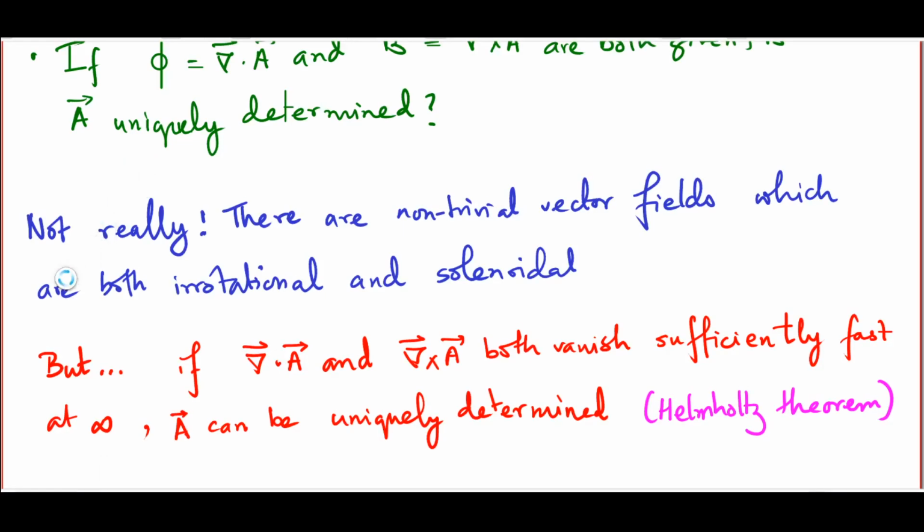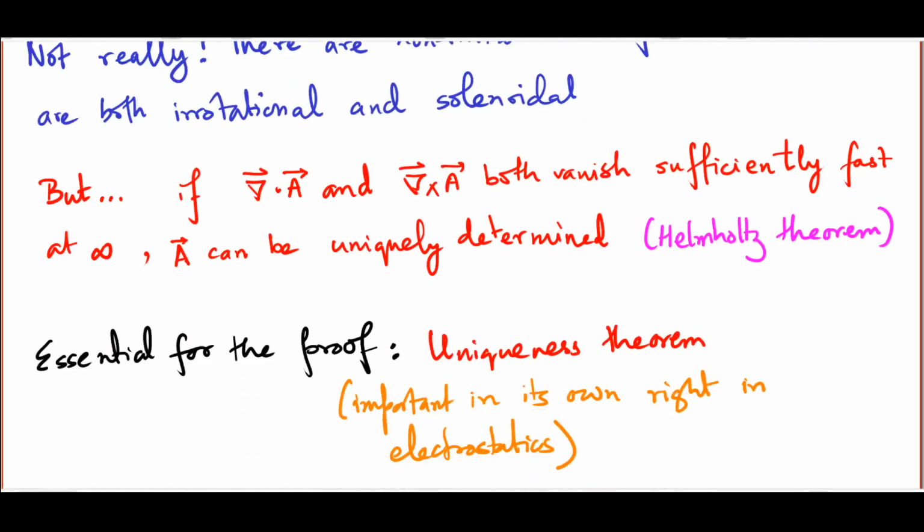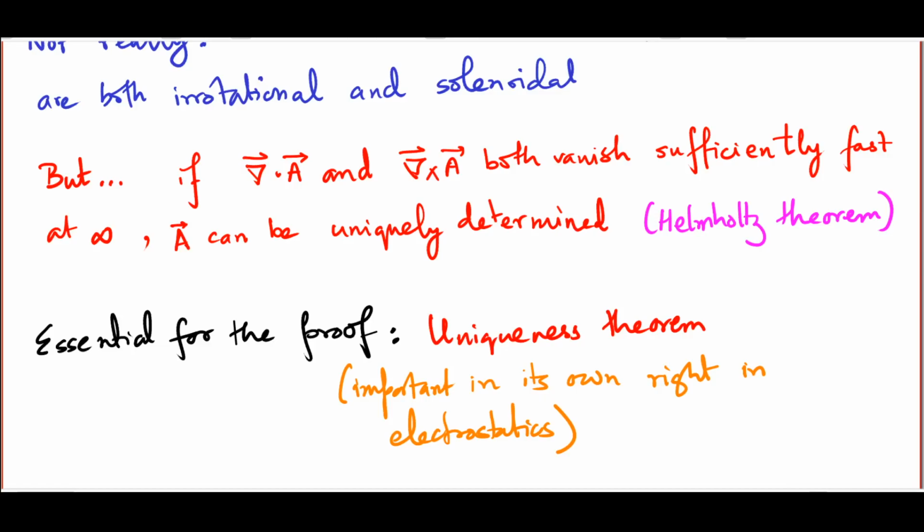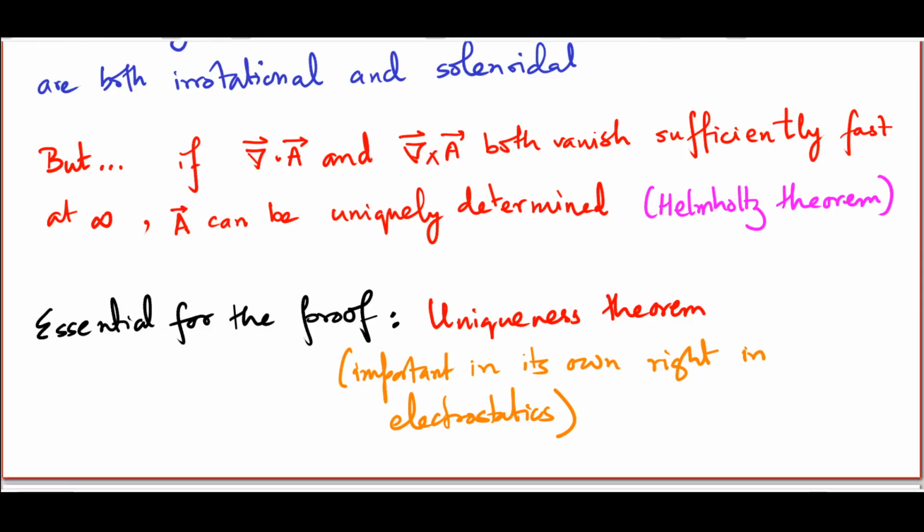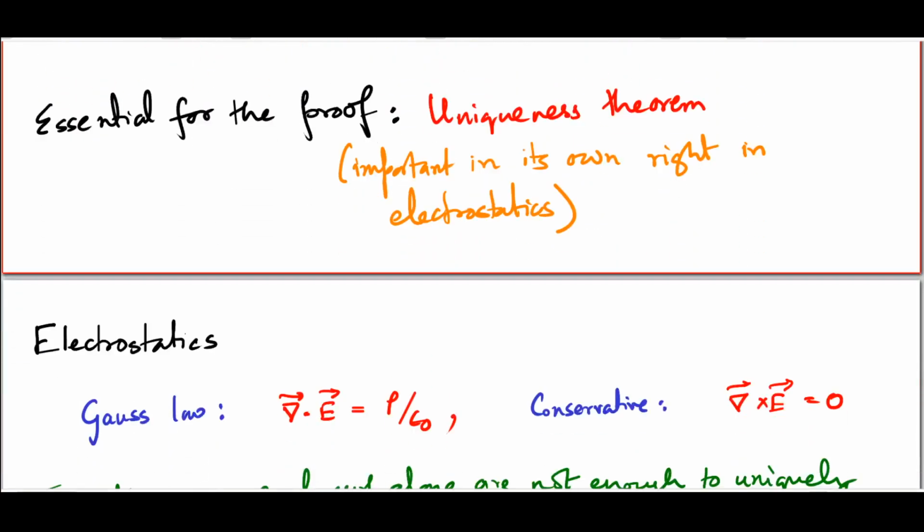In fact, it is perhaps quite fitting that a result which is useful in electrostatics is going to be of importance here. After all, one of the first problems you face in electrostatics is the problem of the determination of the electric field.